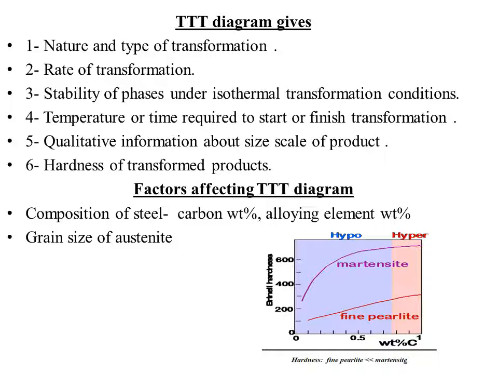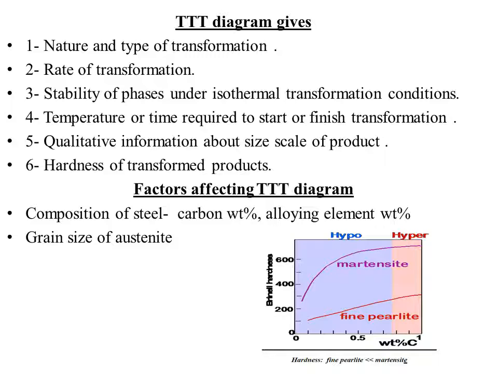The TTT diagram gives us information regarding the nature and type of transformation, the rate of transformation, and the stability of the phases, whether they are stable or not. Under isothermal transformation conditions, it gives the temperature or time required to start or finish the transformation, and qualitative information about the size scale of the product and the hardness of the transformed products.